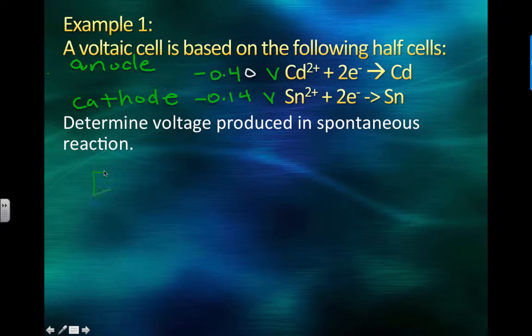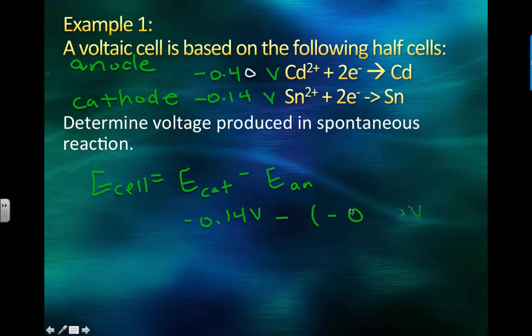So we calculate the cell potential by taking the potential for the cathode minus the potential for the anode. So that would be a negative 0.14 volts minus a negative 0.40 volts.